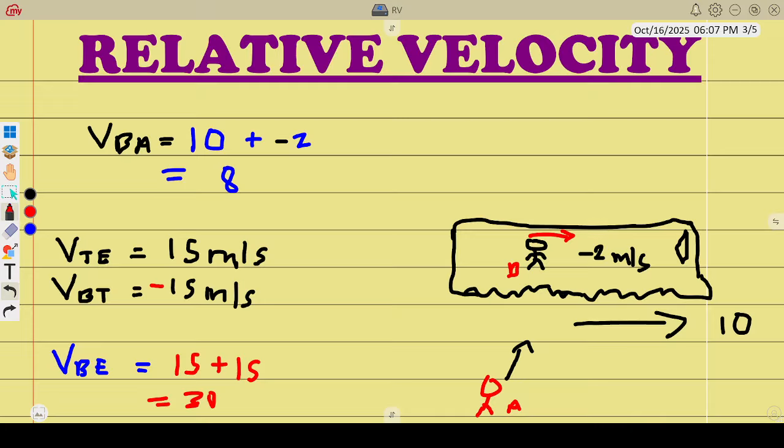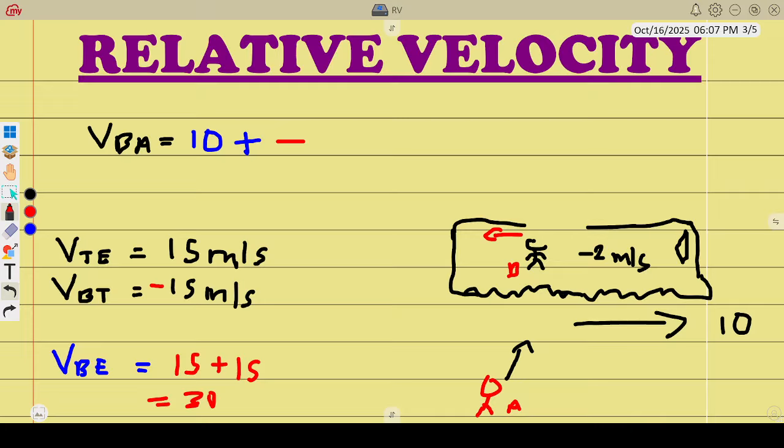And then lastly, we can think of a situation where this person is moving backwards. If this person is moving backwards, again the velocity is -2. So let us add. We're going to say 10, the speed of the train, plus minus 2. Always remember, since the person is now moving in the opposite direction, we put a minus.